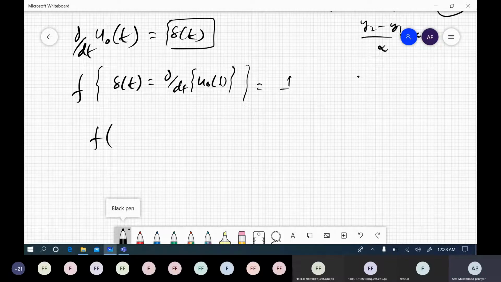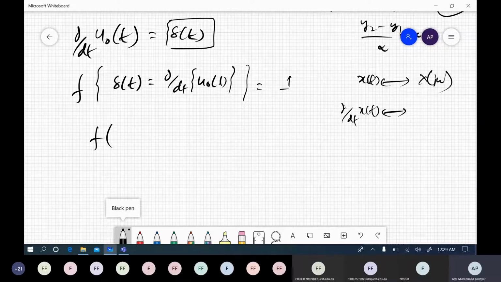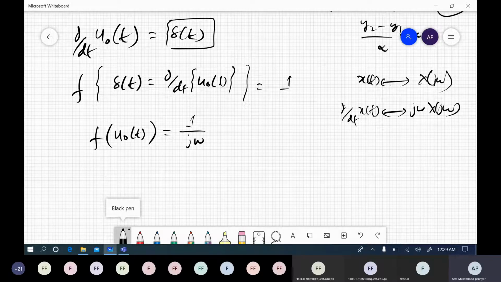If you remember that if x of t has Fourier transform x of j omega, then d by dt of x of t is equal to j omega x of j omega. Now using the inverse relation, we can say that the Fourier transform of the odd part of the unit step function is 1 over j omega, right?